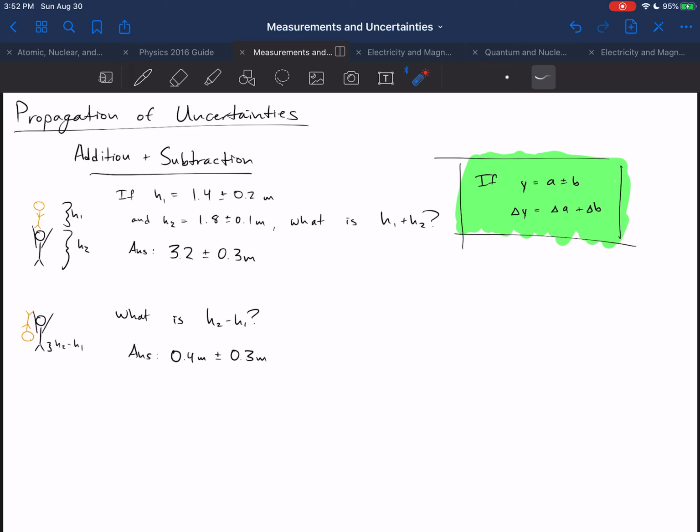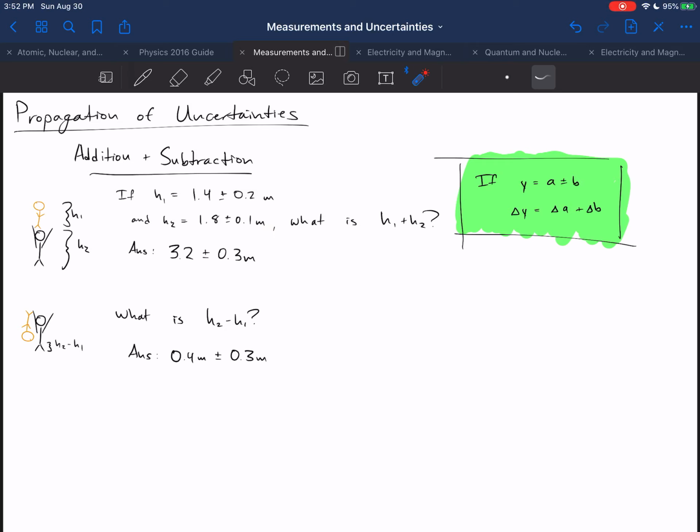For adding, here's how it works. If your height 1 measurement is 1.4 plus or minus 0.2 meters, and your height 2 measurement is 1.8 plus or minus 0.1 meters, then your final height will be measured as h1 plus h2, 3.2, plus or minus the absolute uncertainty of the first measurement plus the absolute uncertainty on the second measurement, plus or minus 0.3 meters.